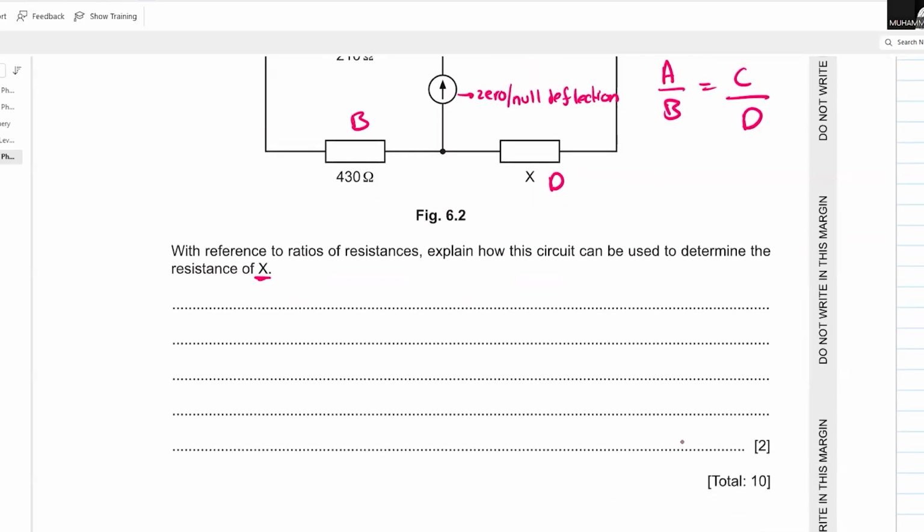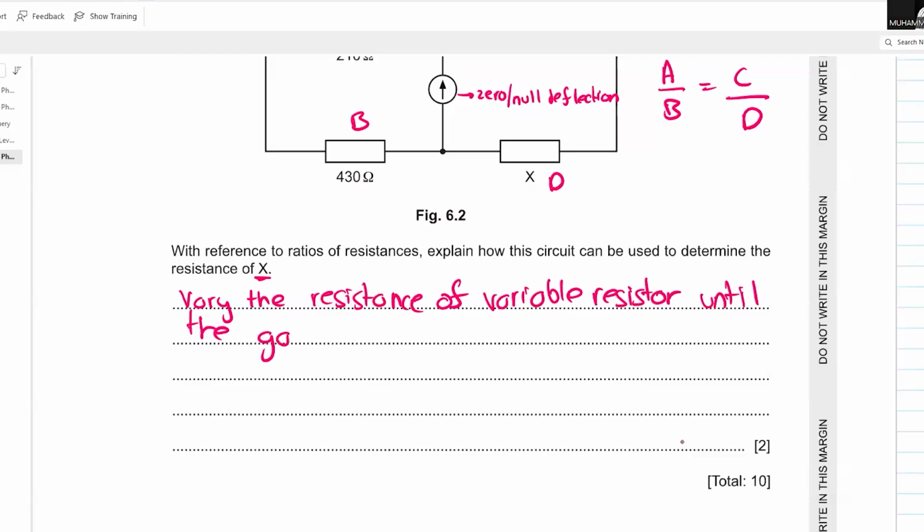You can say: vary the resistance of the variable resistor until the galvanometer reads 0.